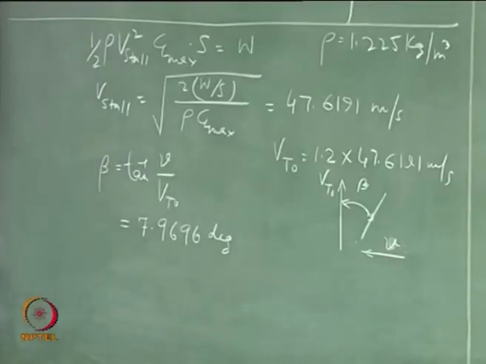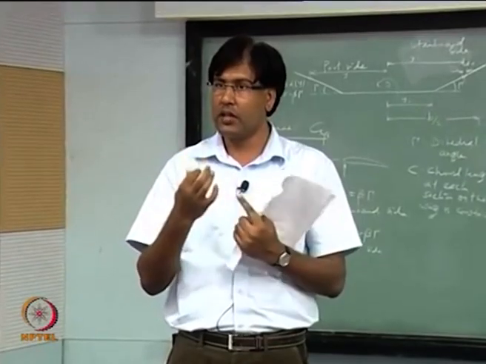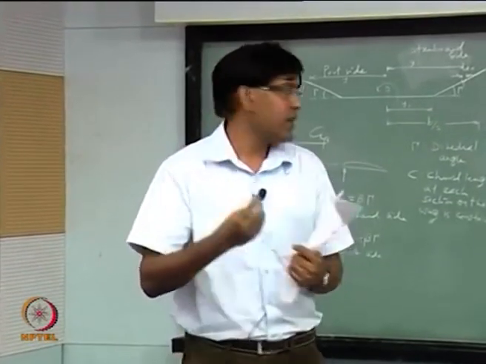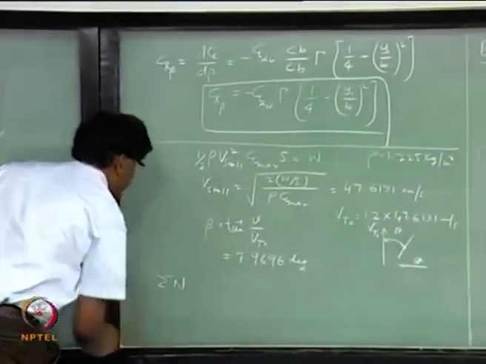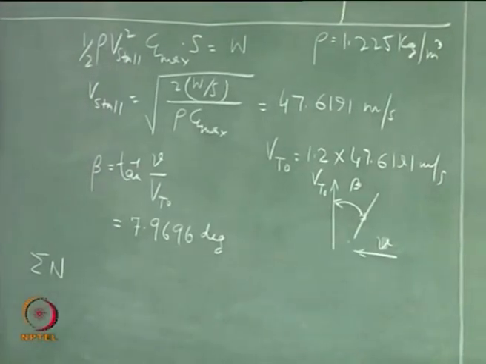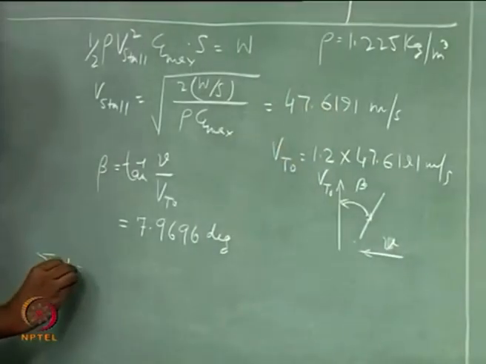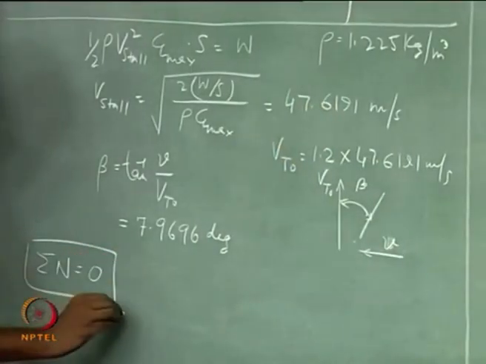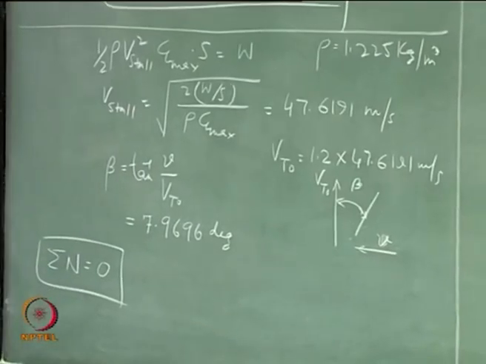Remember, I want to kill the moment created because of the side slip using the rudder. So, this sigma n, sum of yawing moment from different contributions, has to be 0.